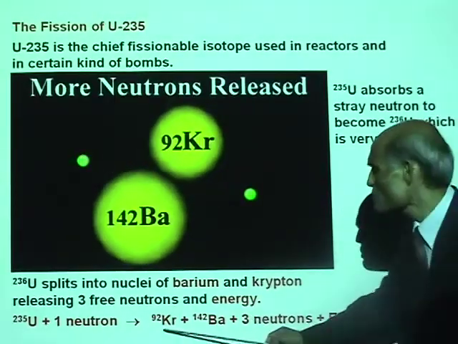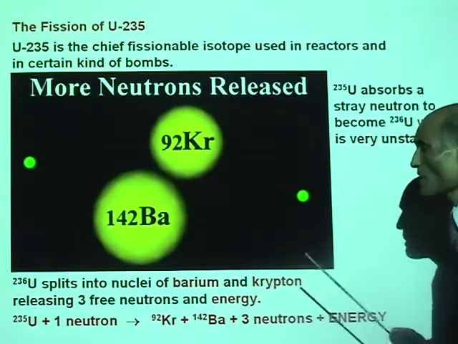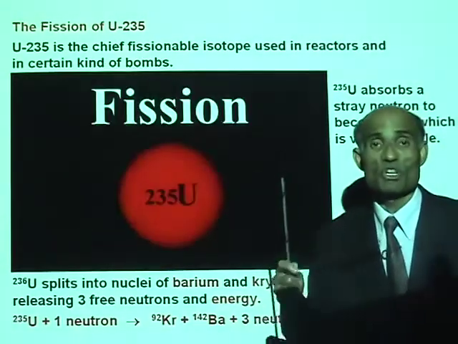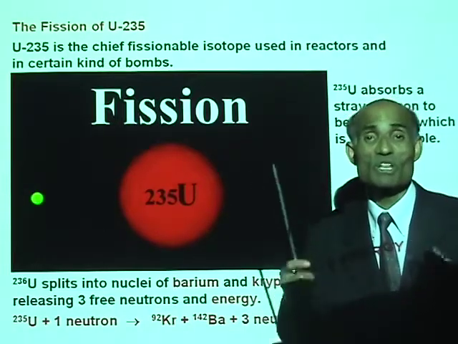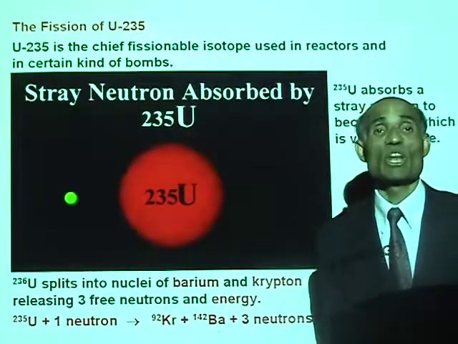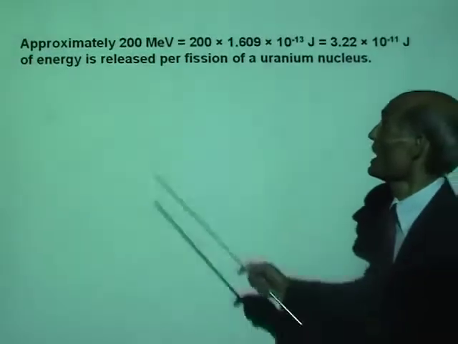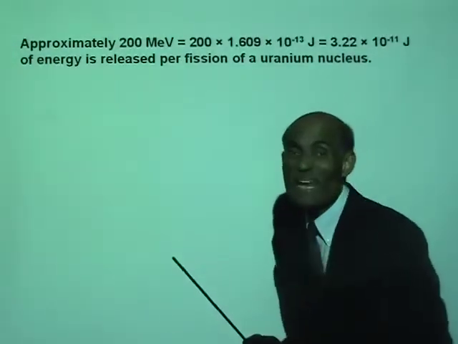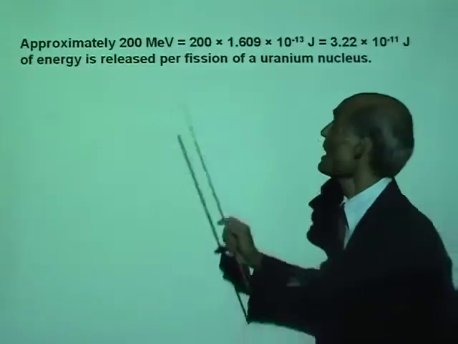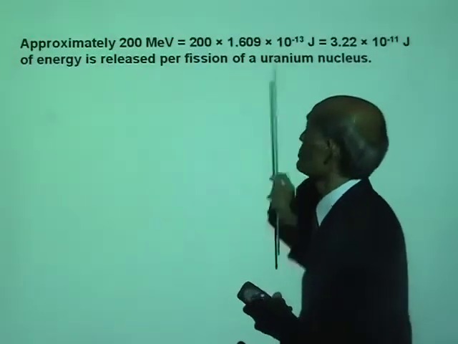Now, we are not interested in all these things. We are only interested in the energy. Fission of a uranium-235 nucleus releases a large amount of energy, approximately 200 million electron volt. I have converted that into joules there.